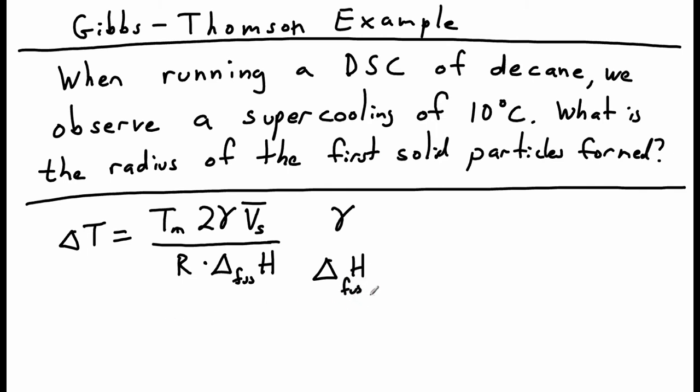and we need also the molar volume, and that's not usually tabulated, but what we can do is just find the molar mass and divide that by the density. So we're going to have to look up the density. Of course, we can calculate the molar mass.